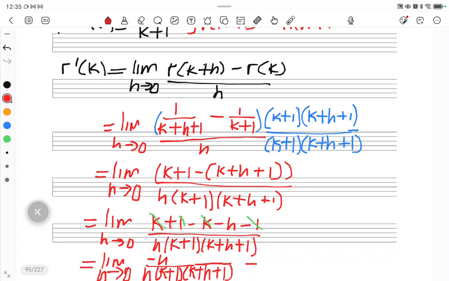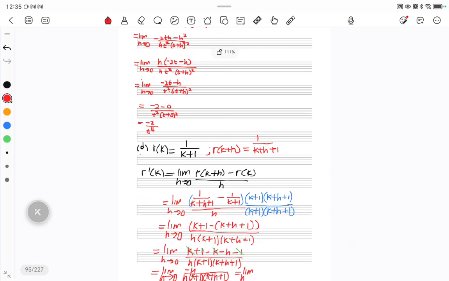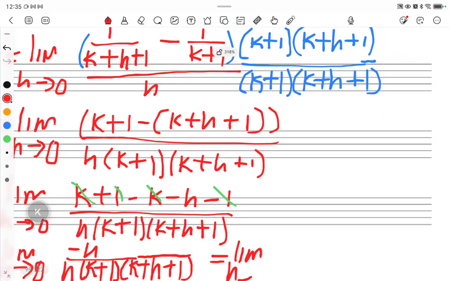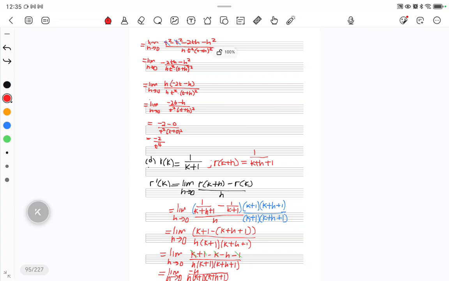Alright, and this would be the limit as h approaches 0. Let me just write it on the other side because it's refusing to write here.